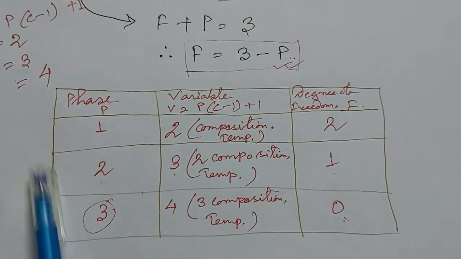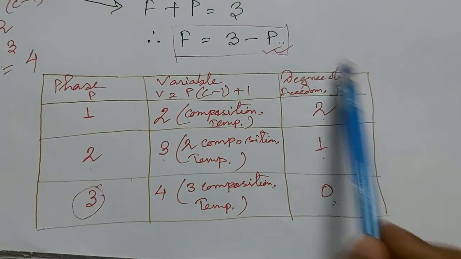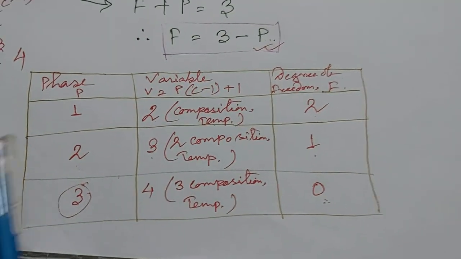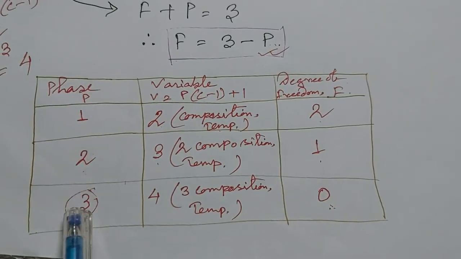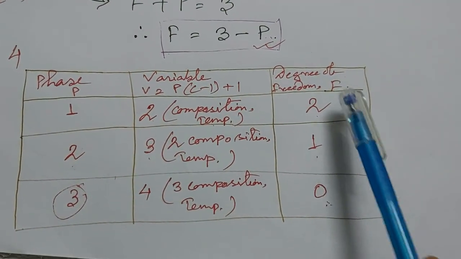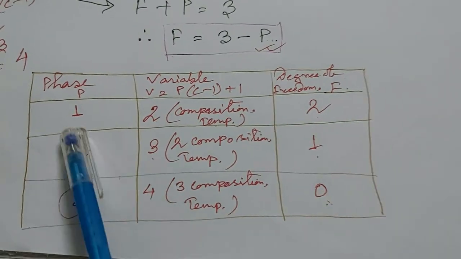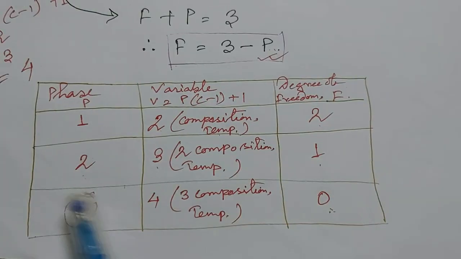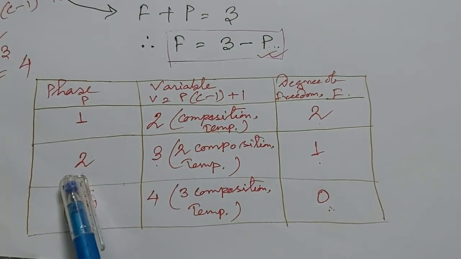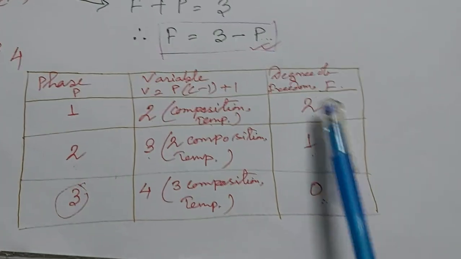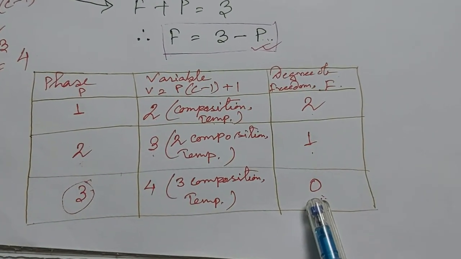So for a binary system, by putting different values of p, we can get the degree of freedom: for one phase it will be 2, for two phase it will be 1, and for three phase it will be 0.